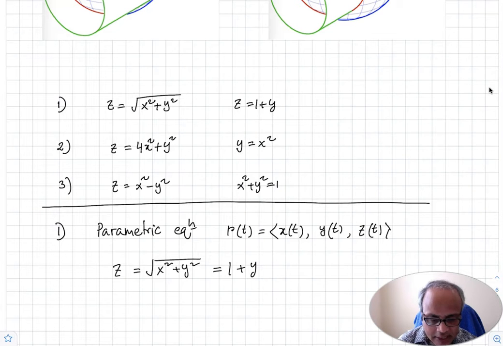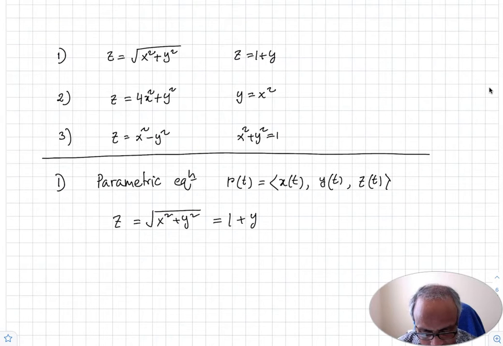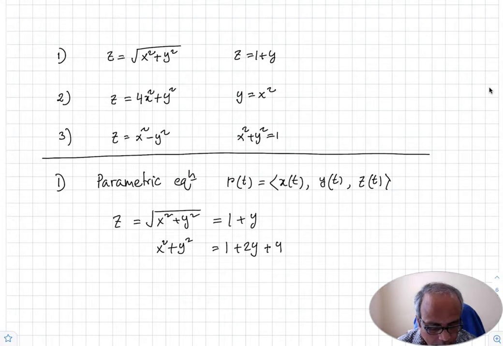So we set the square root of x squared plus y squared equal to 1 plus y. I can square both sides and then simplify. I can see that y squared is common to both sides, so that cancels out.